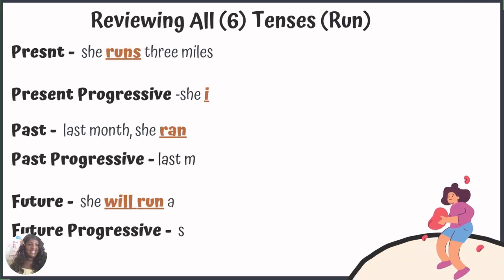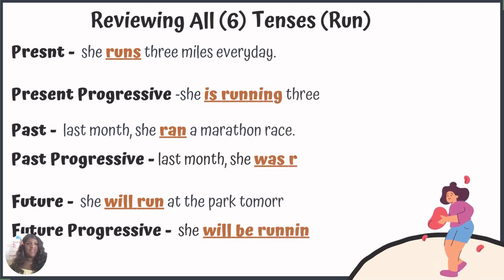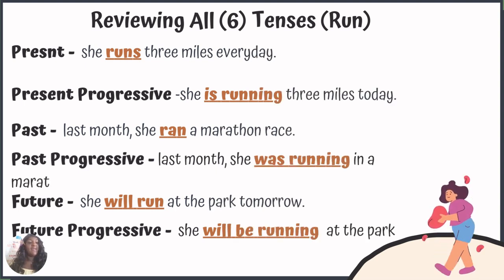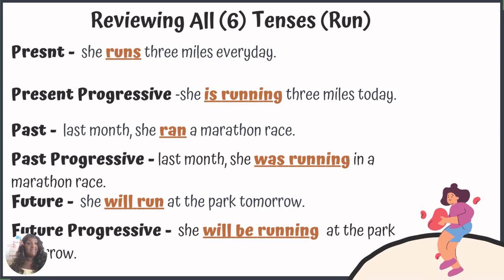Reviewing all 6 tenses for the verb run. Present tense. She runs 3 miles every day. Present progressive. She is running 3 miles today. Past tense. Last month, she ran a marathon race.